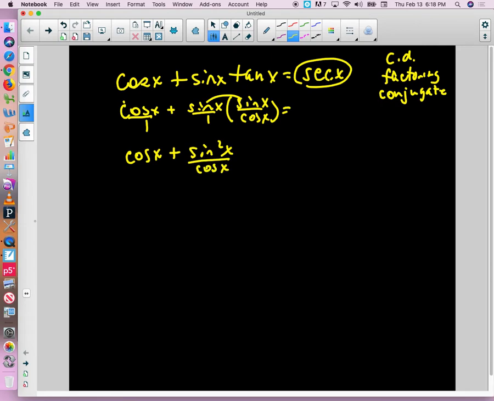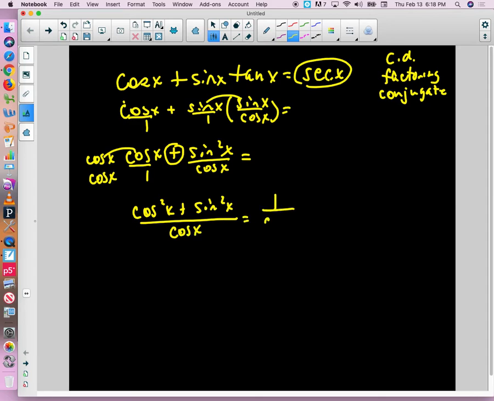And so now I'm trying to add these, so I need a common denominator. So to get a common denominator, I have to multiply this by cosine and this by cosine, which gives me cosine squared x plus sine squared x, and I had a common denominator of cosine.